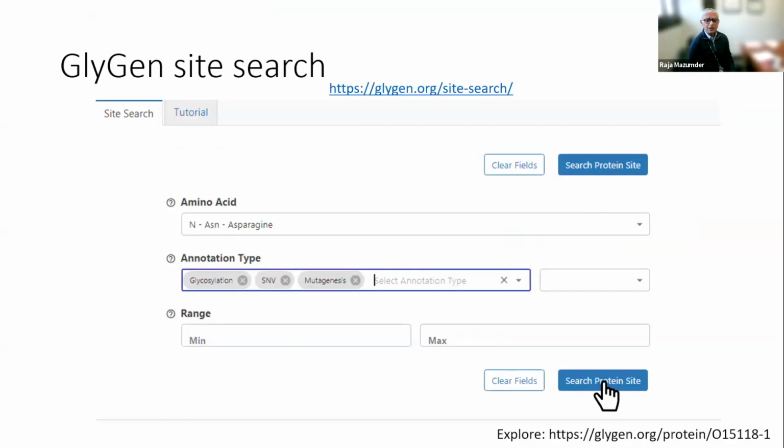And then we have implemented some tools which allow you to get results like some of the figures I showed earlier. So I can go to the site search and I can ask questions, like, show me all proteins which have a glycosylation site and a single nucleotide variation and mutagenesis. Mutagenesis data is where somebody took that protein and mutated it to understand its function.